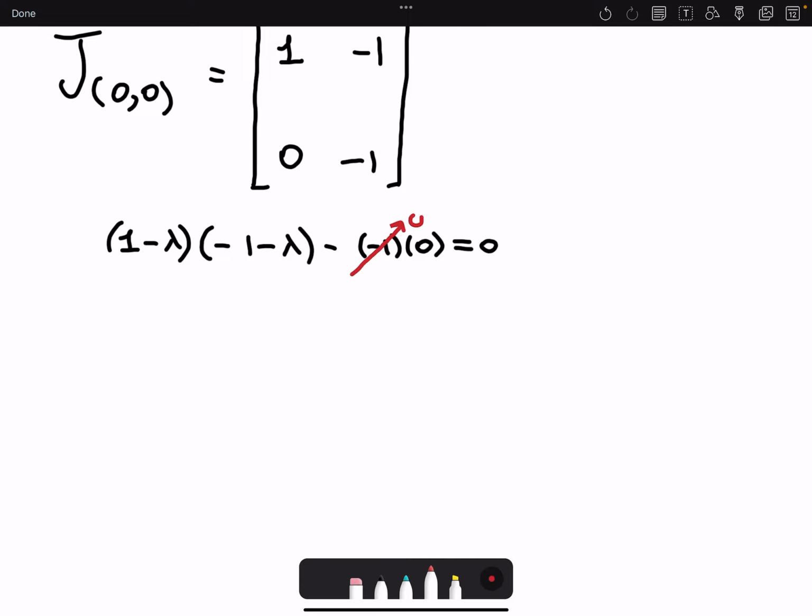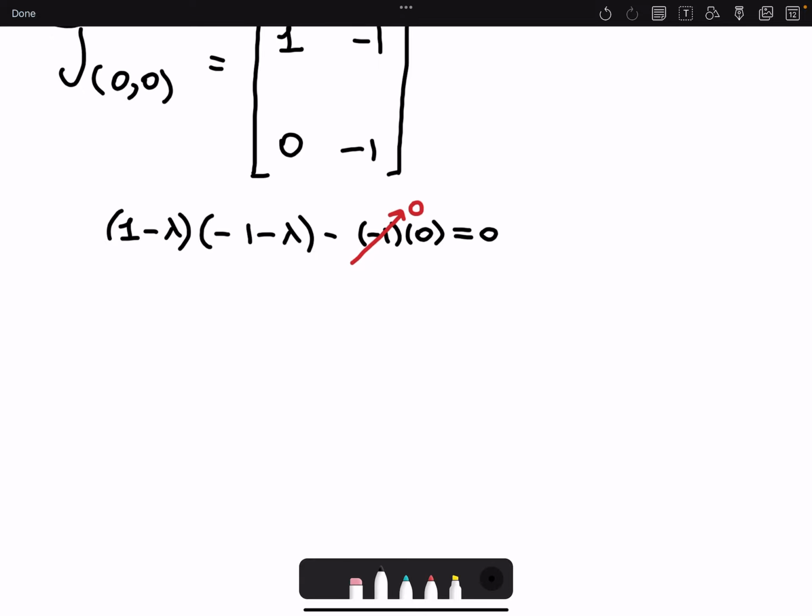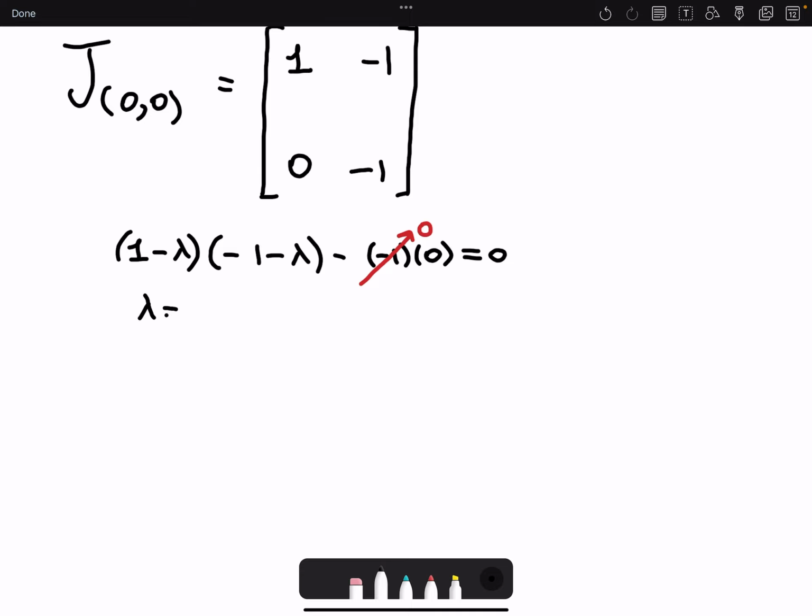This is 0. So either this is 0 or this is 0. If we set each equal to 0, we get that lambda is equal to 1 or lambda is equal to negative 1. And because they're of opposite signs, this is a saddle.